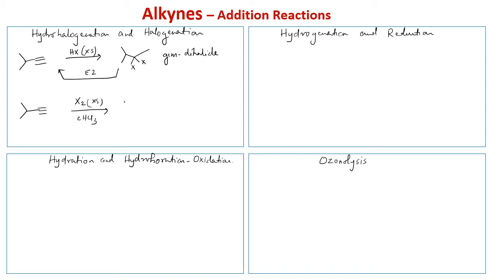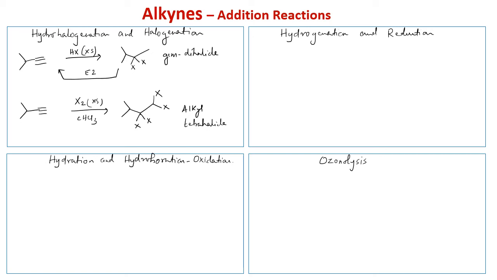Our product is going to be an alkyl tetrahalide. With an alkene, we got an alkyl dihalide, and now you get an alkyl tetrahalide. Okay, that will be our product.